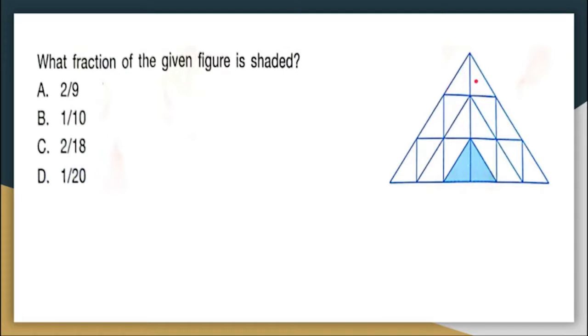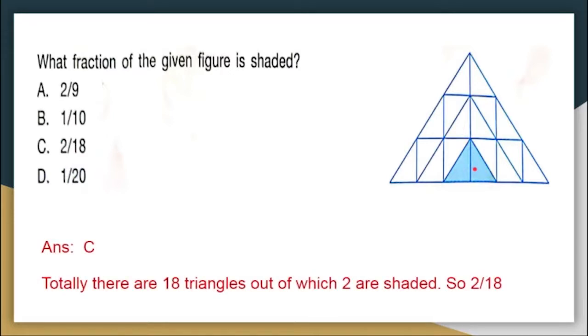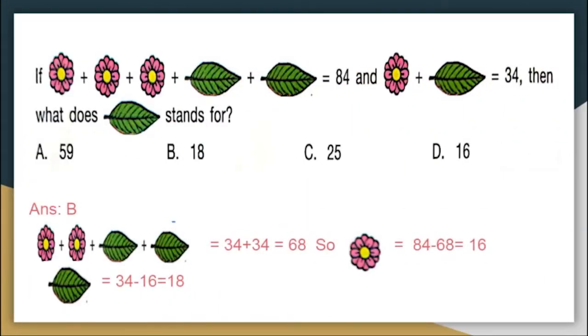So totally there are 18 triangles. Out of these 18 triangles, how many triangles have been shaded? 1, 2. Only 2 triangles have been shaded. So what is your answer? The correct answer here will be option C, 2 by 18. That is 2 out of 18 triangles are shaded. Option C is your answer. Moving on to the next question.